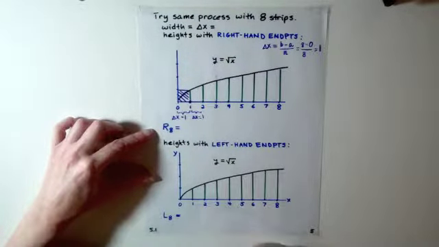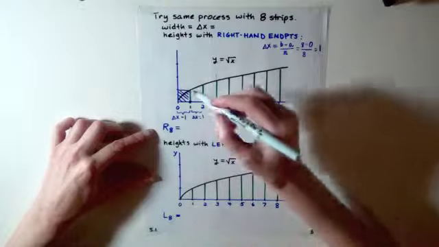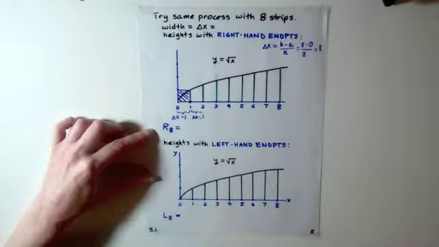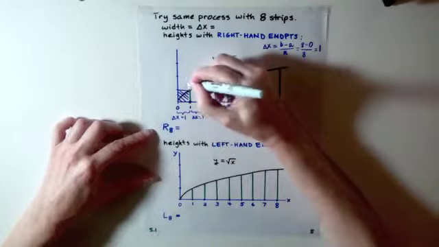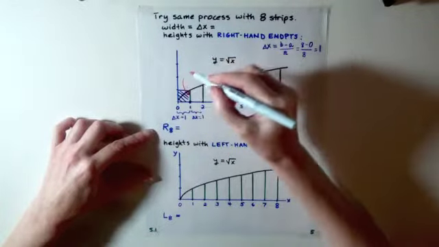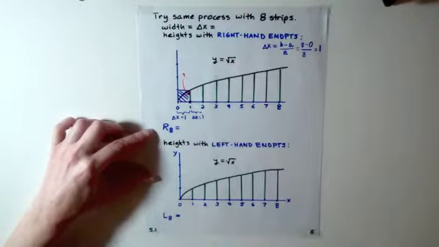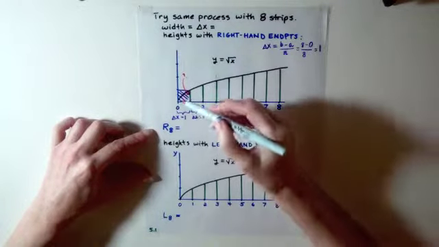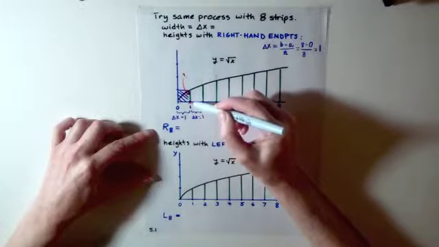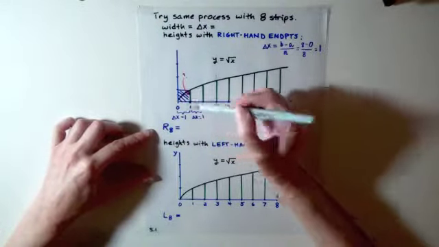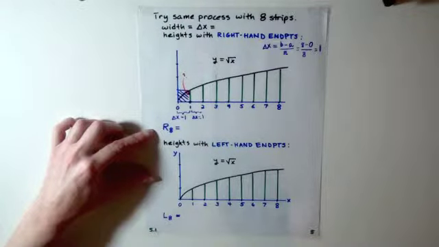Well, I'd like you to pause the video and see if you can figure out the same kind of sum that we did before. You'll need to figure out what the height here is, so you have to figure out how to find that height. And remember, for the first rectangle, you're just going to take this green height, multiply by the width, which we decided already is 1, and that'll give you the area of your first approximating rectangle.